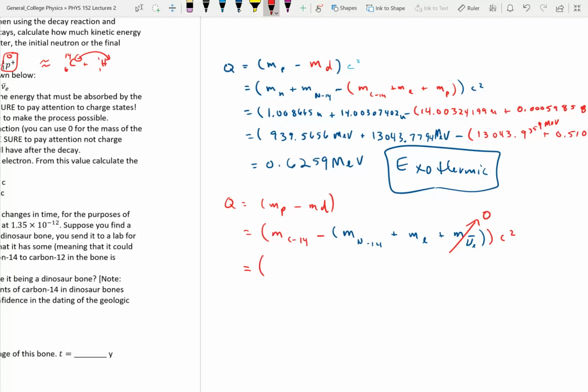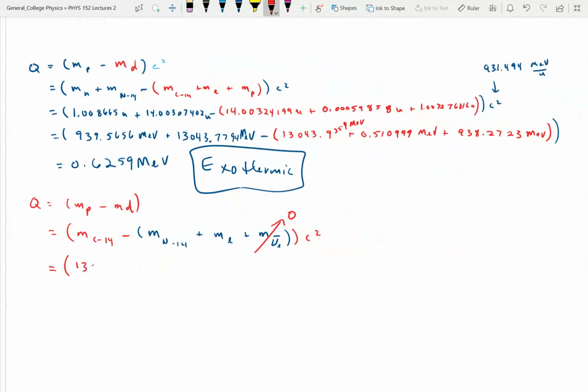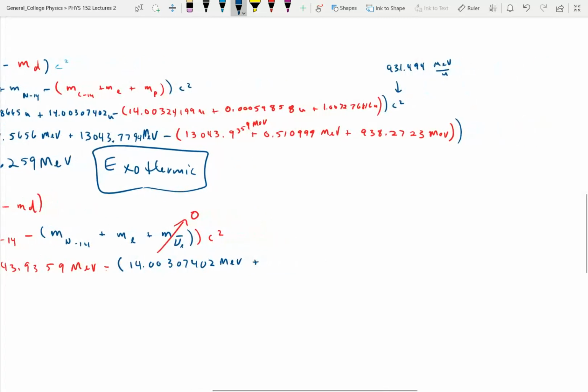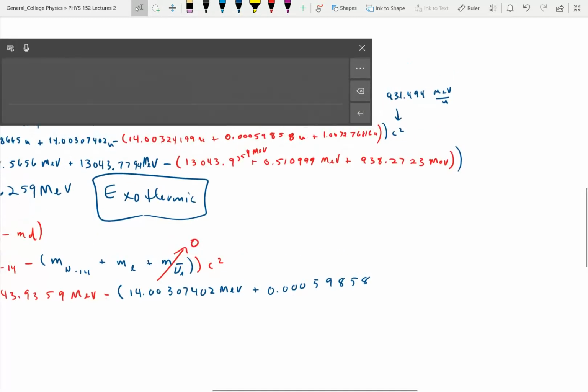And once again, bringing in the c squared, the mass of the carbon-14 is the same as I used up here, 13,043.9359 MeV, minus the mass of the nitrogen-14, which is the same, plus the mass of an electron, which we've also done already. I copied the wrong number.